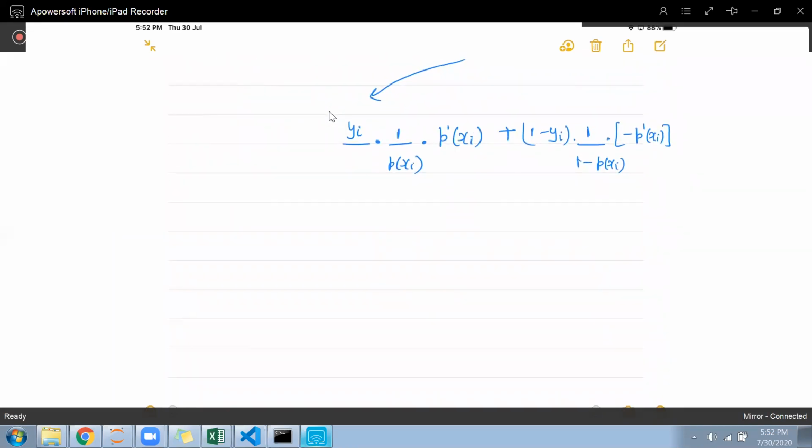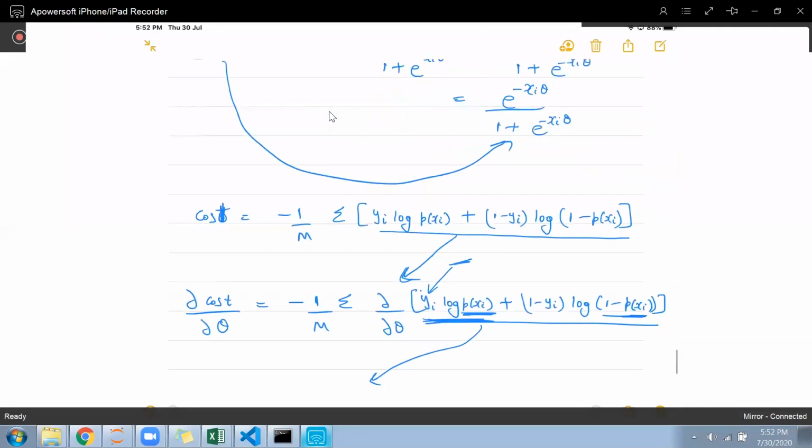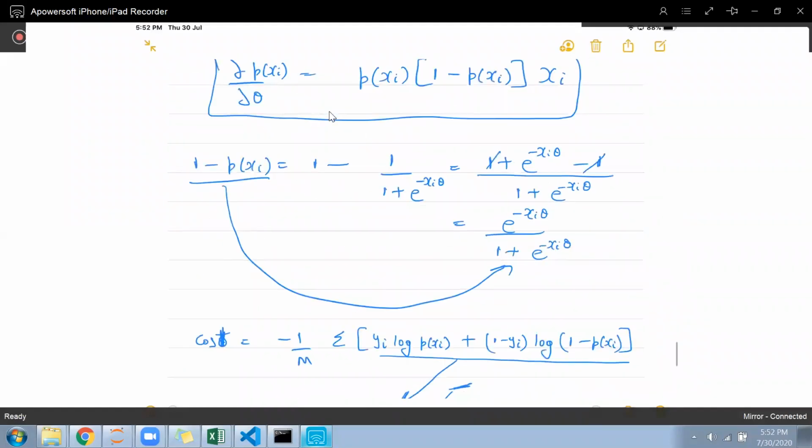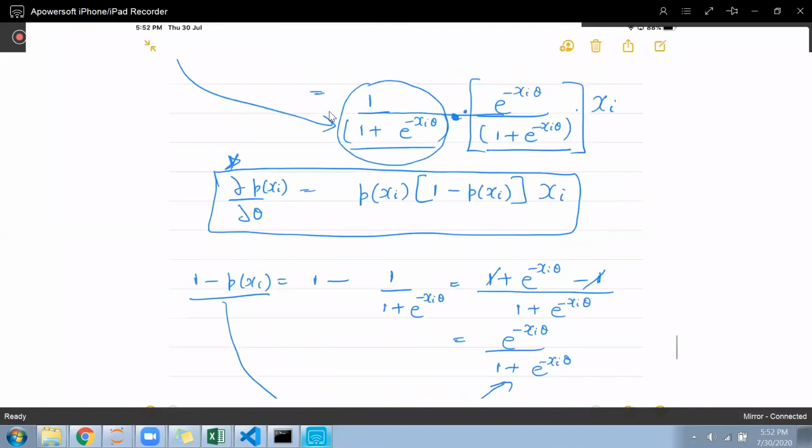Now I have found the value of p dash of xi. What was that? This is p dash of xi, which I found as p of xi, 1 minus p of xi into xi.